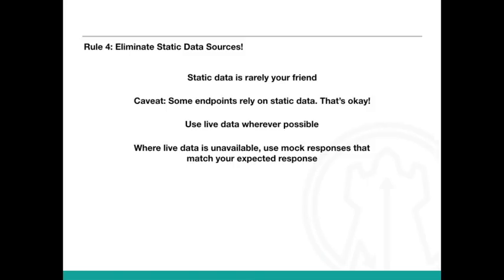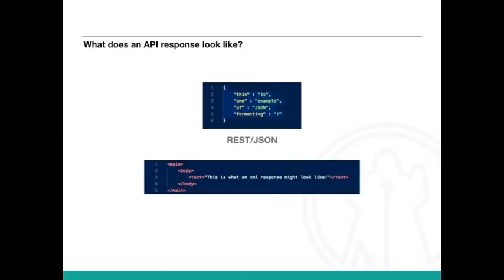It looks very much like HTML, so you have lots of pointy brackets. Let me jump back to the appropriate slide, because I can answer this a little better. Here we go. This is what a REST response is going to look like, and this is typically what a SOAP response is going to look like.